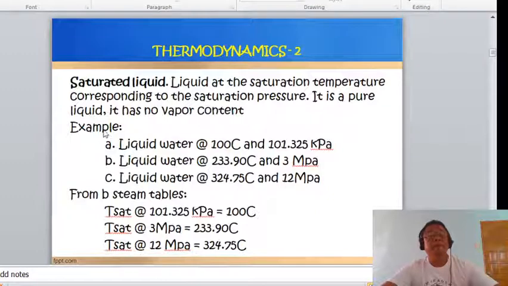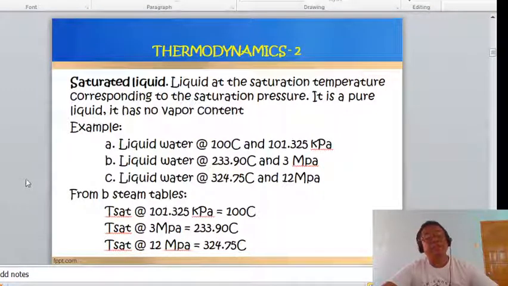Take note class, you look at table 1 of the steam table, and you will see this value there. For letter C, liquid water at 324.75 and 12 megapascal. Again, from the steam table, T saturation at 101.325 is 100.